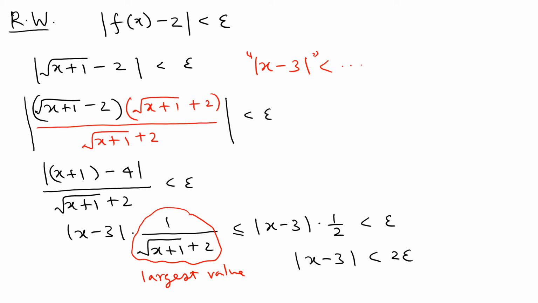So you're going to call either this value or anything smaller than this as the delta. So you don't need to pick exactly this value, but this is one option. So in general, you're going to pick something smaller, so that the delta is less than or equal to 2 epsilon.